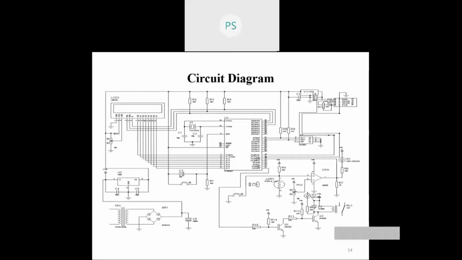We can use different clock sources like a crystal oscillator, resonator, timer circuit, etc. But in our circuit, we are using a crystal oscillator of value 11.0592 MHz. Pin number 18 and 19 of the 89S52 are XTAL2 and XTAL1 respectively, where we have to connect the crystal oscillator.